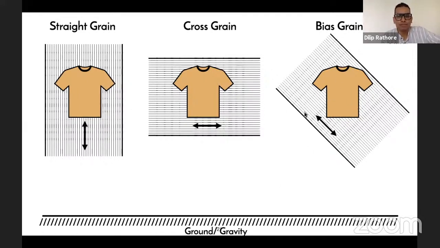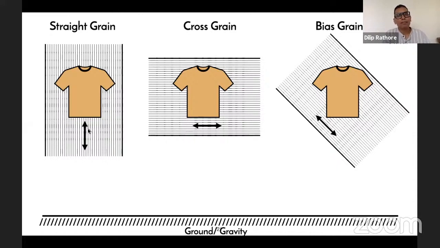Now, all these three are related to the ground or gravity. Why? Because when somebody is going to wear this garment, that's when it comes into play. Gravity plays a role in using the grain properly, and then there are other aspects of the body.